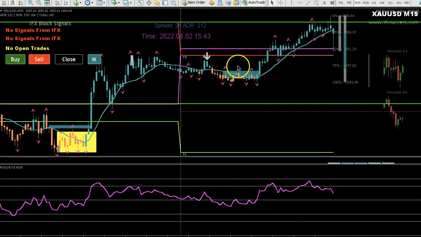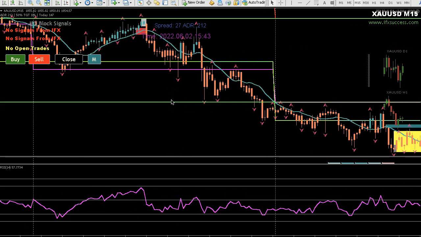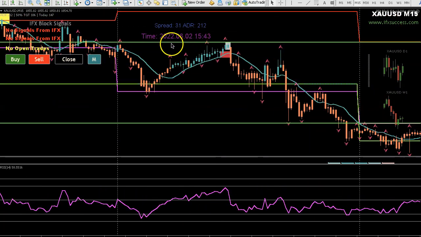This is strategy number 2. If we are above the prior day mid-level, then we're going to look for buying opportunities if all the other filters are met. And the other way around, if we want to sell, right over here is the perfect sell.